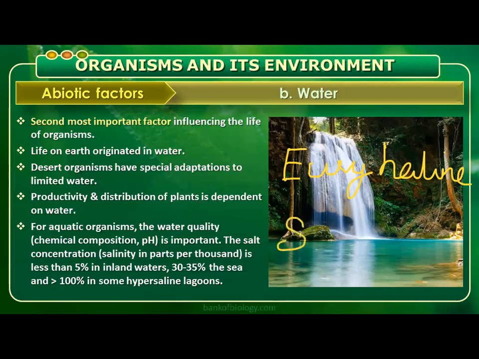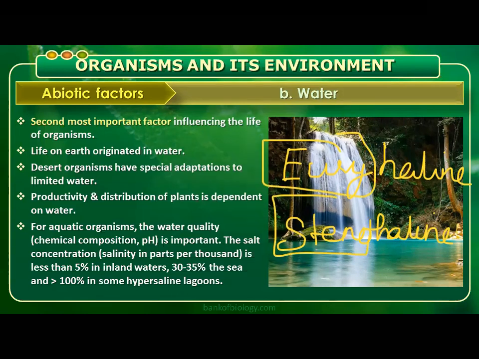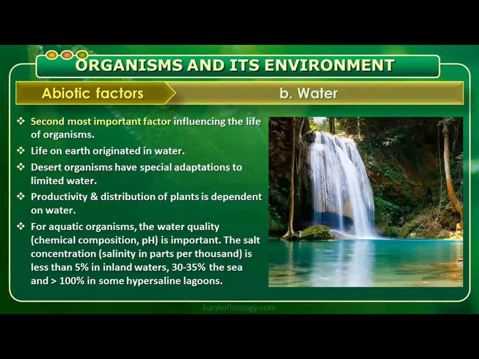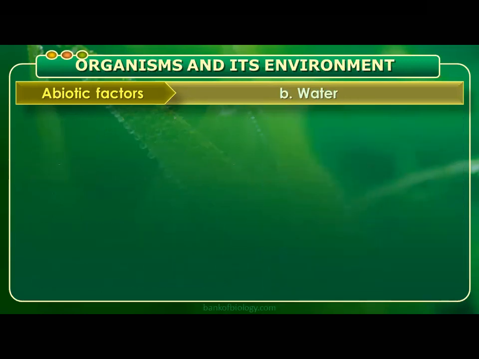Those who cannot tolerate the salinity fluctuations can be called stenohaline. If I say stenothermal, you should understand it cannot tolerate the temperature fluctuation. That's why I'm asking you to remember these two: eury, which can tolerate; steno, which cannot tolerate. So eurythermal, euryhaline, stenothermal, stenohaline are to be remembered.